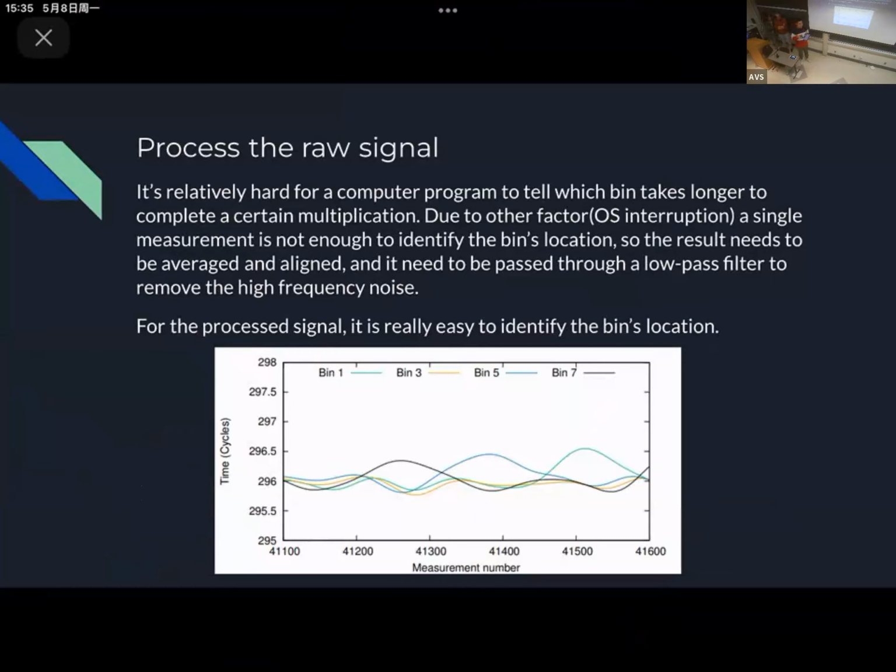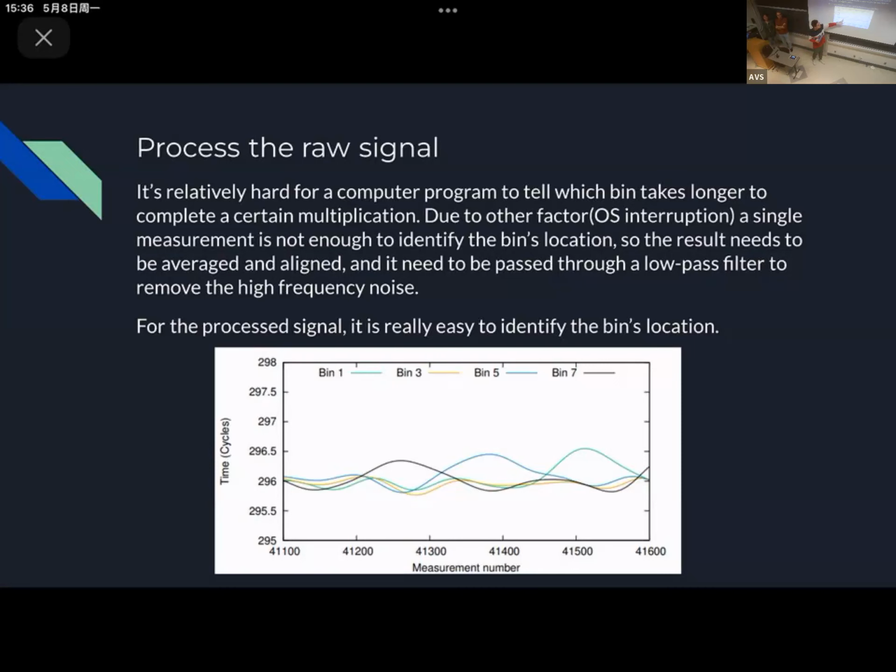They need to do a lot of tests and average, so you want the signals aligned. You also need a program to identify the start point and end point of each multiplication, and put the raw signals through a low pass filter to clean all the high frequency noise. After all those steps, we can see the signal is very smooth and beautiful.